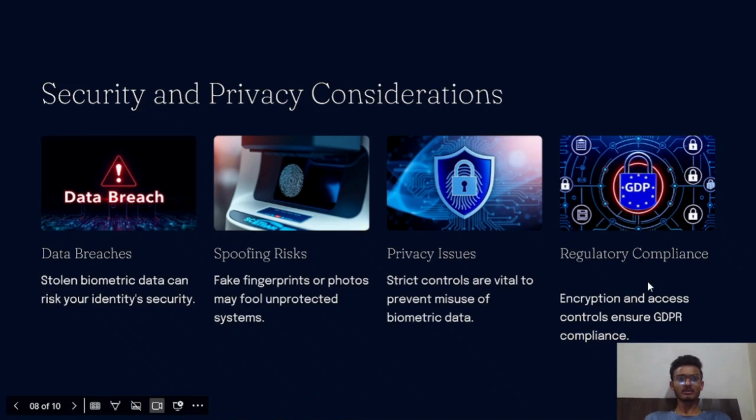Now we are discussing security and privacy considerations, and here there are four parts. The first part is data breach: stolen biometric data can put your identity security at risk. Second is spoofing risk: fake fingerprints and photos may fool unprotected systems. Third is the privacy issue: strict controls are vital to prevent misuse of biometric data.